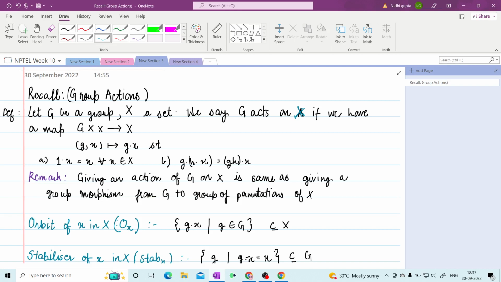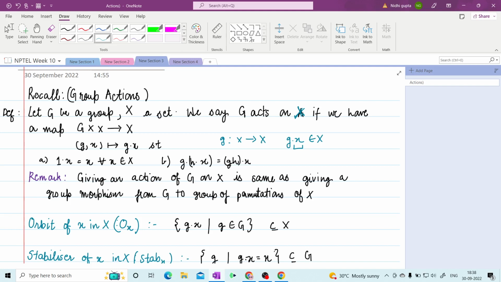So what we are basically doing in a group action is that each element of the group is assigned some permutation of X. So g is a map from X to X, where g dot x belongs to X. So this is a permutation of X, and these permutations should satisfy two properties: the identity permutation should make no changes to X, and secondly we should have this compatibility, that first multiplying the group elements and then acting on x should be the same as first acting on x via h and then via g.